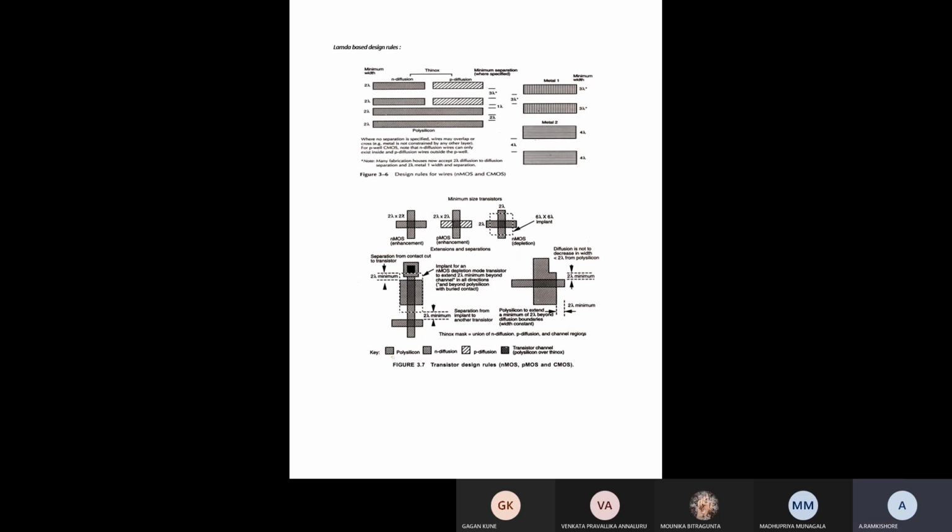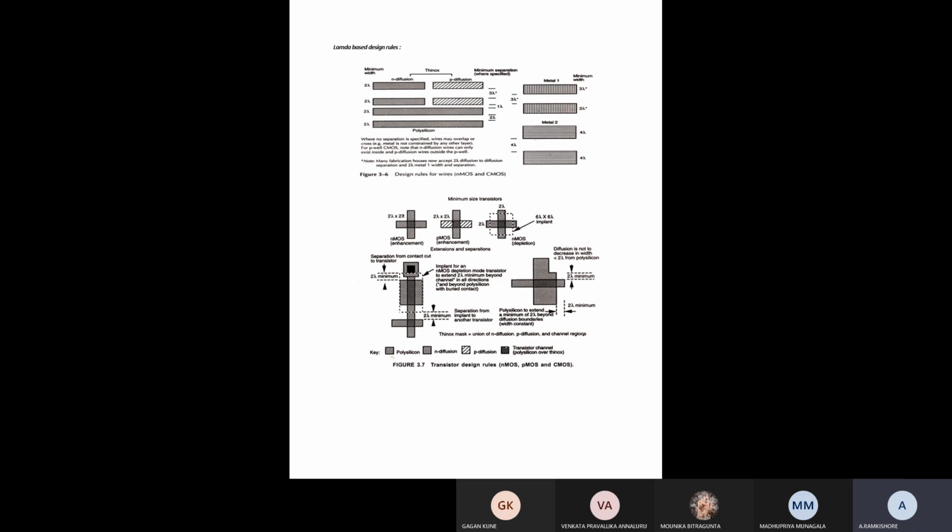So here you have to see these particulars, where some of the rules are implemented. In case of n diffusion, we have to maintain the minimum width and minimum length of 2 lambda. For p diffusion also 2 lambda.